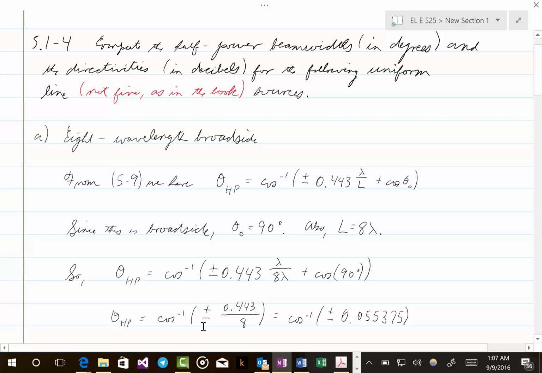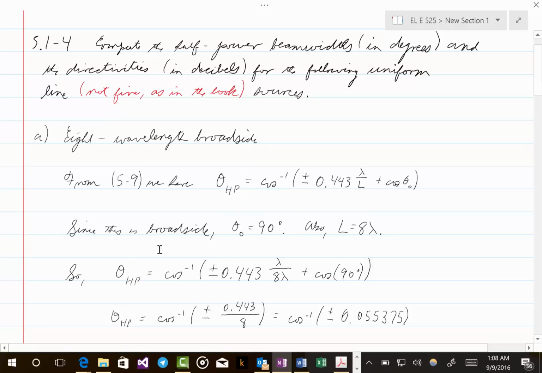But those would be the end fire directions. Instead, what we want is broadside, and so theta naught in this formula is equal to 90 degrees in the case where we're looking at a broadside line source. Furthermore, we're told that this is an 8 wavelength line source, so that gives us our value for L, which is equal to 8 lambda.